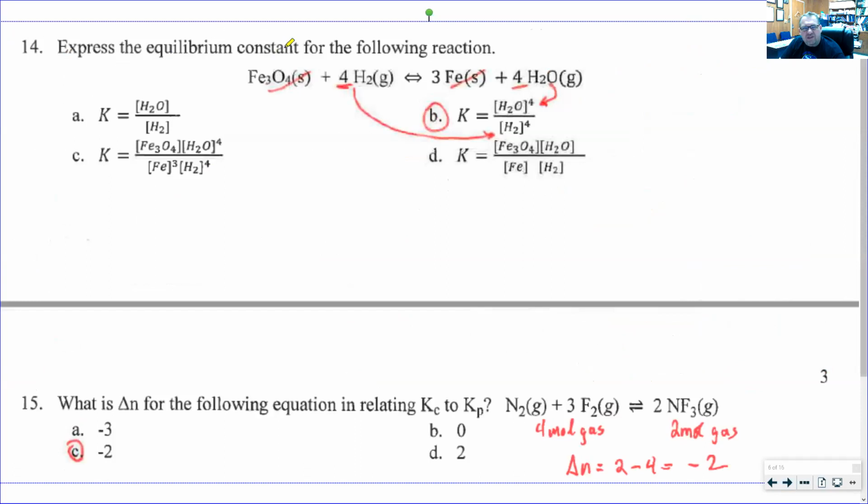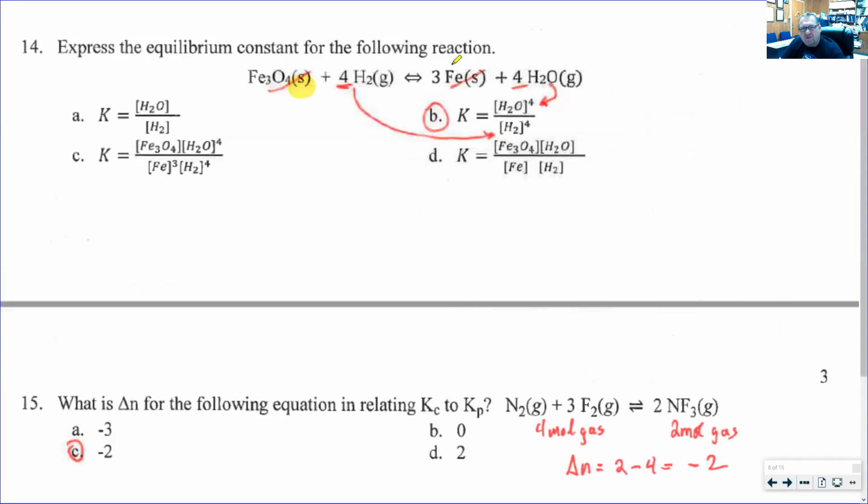14 says express the equilibrium constant for the following reaction. So you need to look at the things that were solids, and the ones that were solids don't appear in the equilibrium constant expression. So we're just going to use the things that are in the gaseous state. So it's products raised to the power of the stoichiometry over the reactants raised to the power of the stoichiometry.